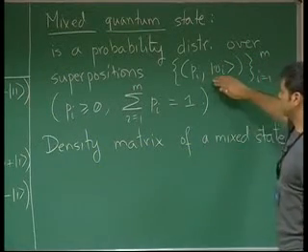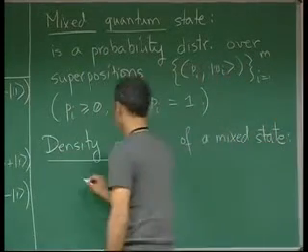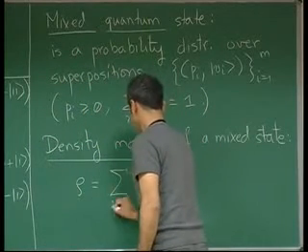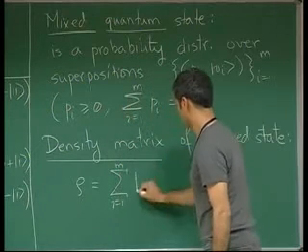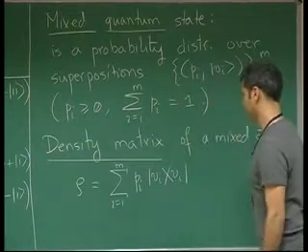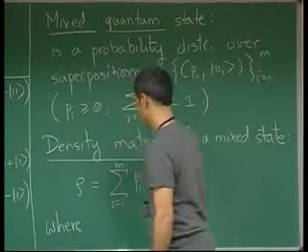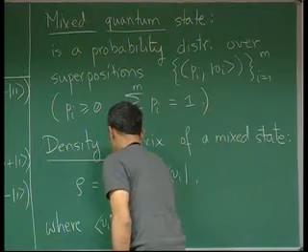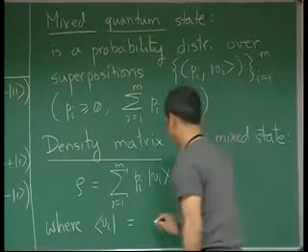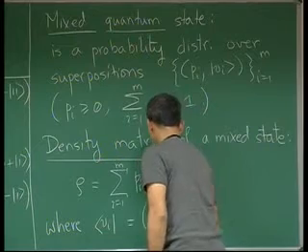So the density matrix corresponding to this state here, the mixed state, Pi, Vi, is given by rho, which is a convex sum, i going from 1 to m, of Pi, the outer product of Vi with itself, where this bra Vi is basically the conjugate transpose, so the adjoint of this vector.